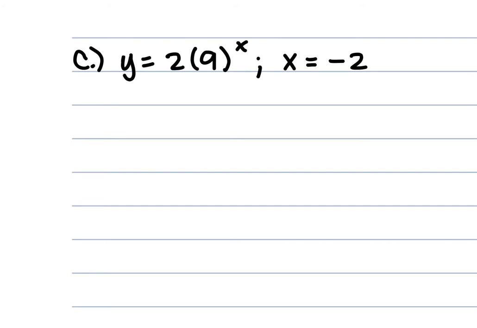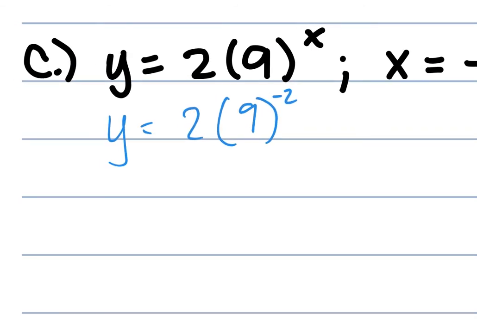All right. So we got y equals 2 times 9 to the negative 2. All right, guys. Our last problem involved a negative exponent. What do you think we do for this one? Liz? Is it going to be 1 over 9 parentheses to the second power? Good.